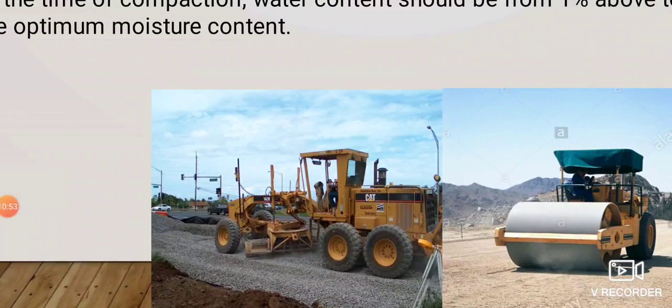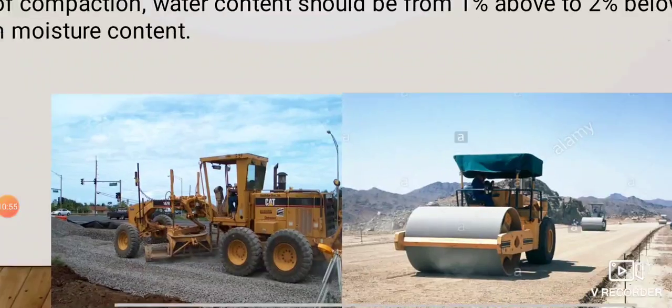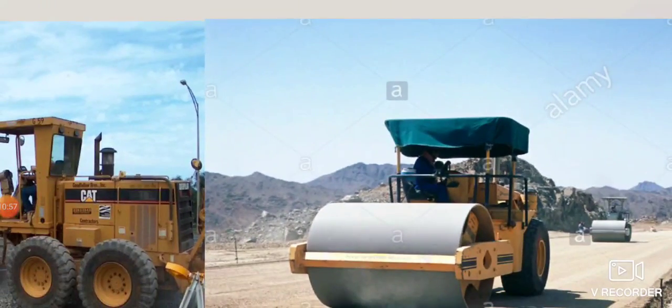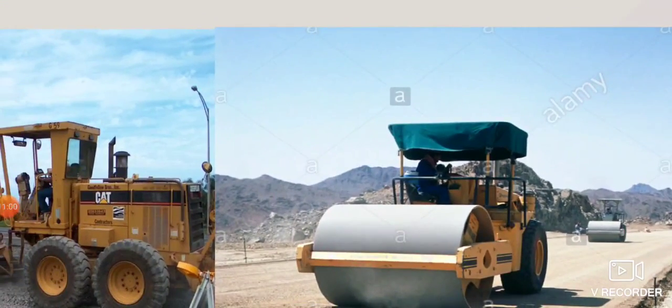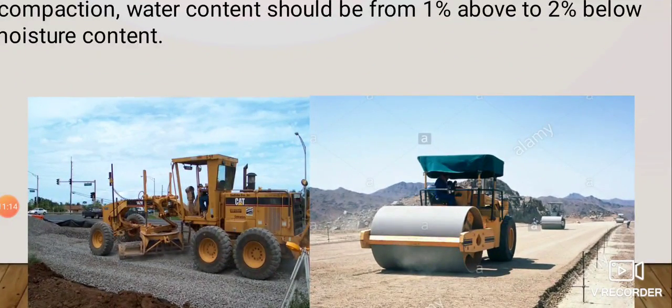Then we will use the rollers. The movement of these rollers is also very important. The loose GSB layer is compacted by rollers. If the compacted thickness of the layer is 100 mm or less, a single layer with an ordinary smooth wheeled roller may be used for compacting.